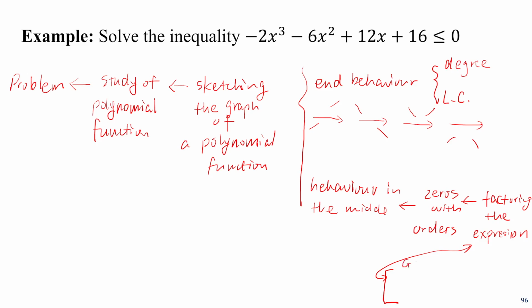Either you can factor out the GCF, or use some formulas, or completing the square, or use cross product. And if none of these works, we can use the Remainder theorem, and the integral zero theorem and rational zero theorem, right?